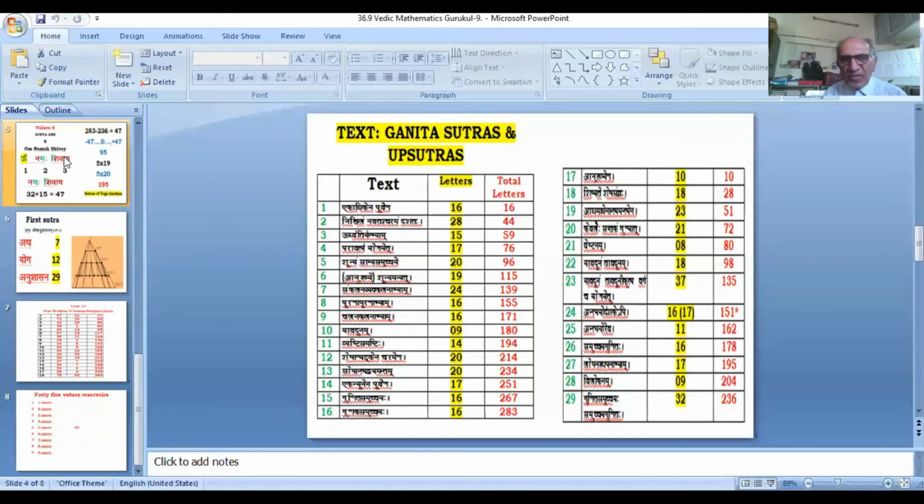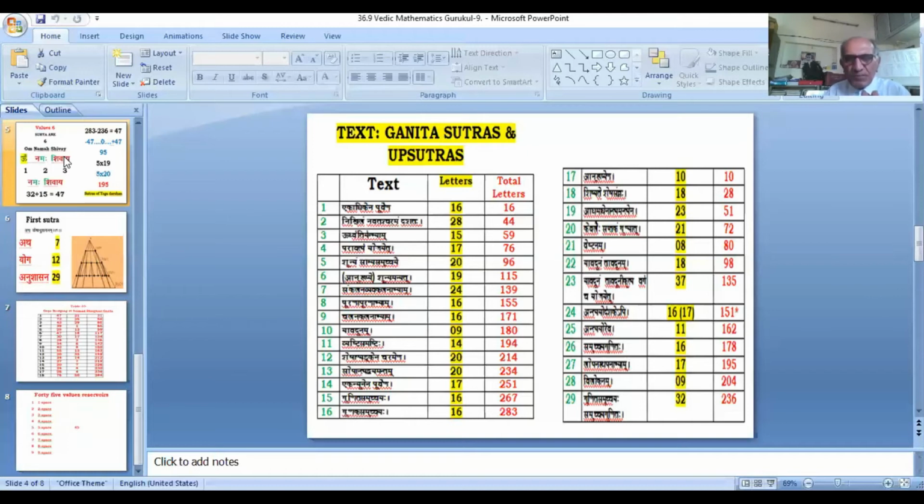One may have a pass here and see that the value of 29 reservoirs, 16 sutras and 13 upsutras being focused today. The focused attention today in respect of 16 sutras and 13 upsutras is upon their number of letters. We have 283 letters for 16 sutras text and 236 letters of Ganita Upsutras text.